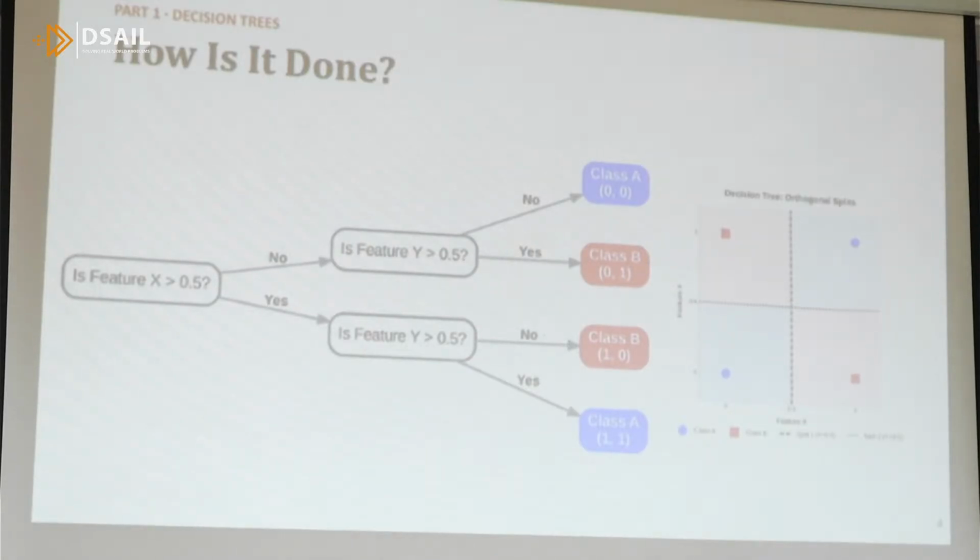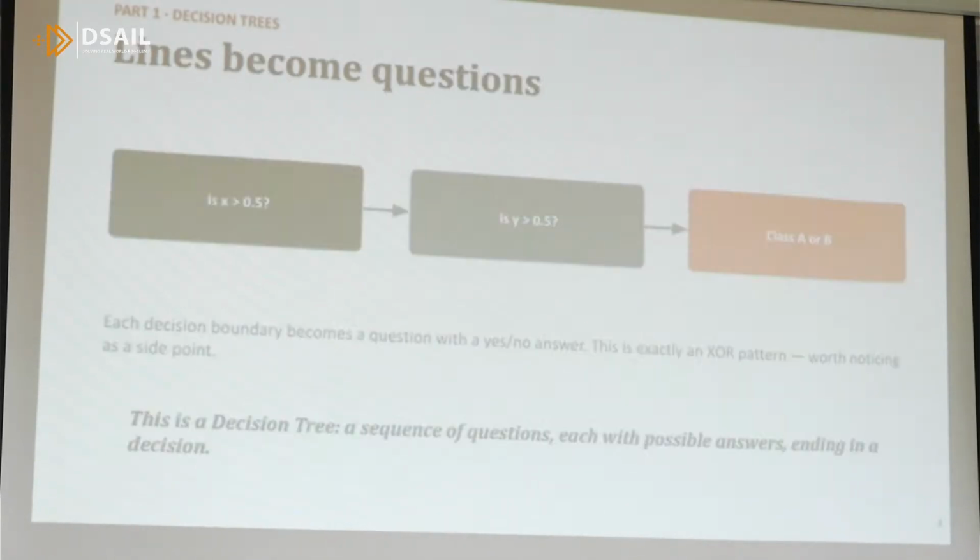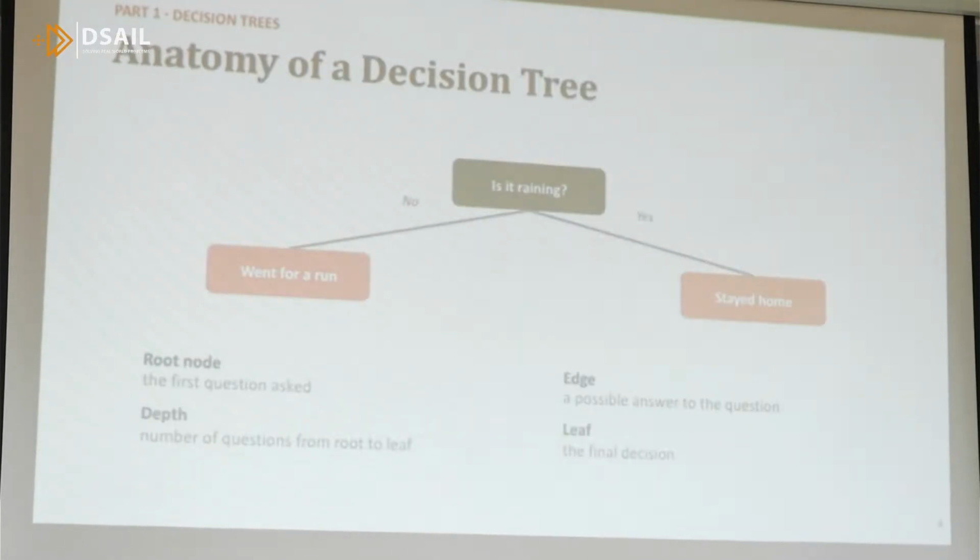We have 3 nodes, but how many questions have we taken? How many steps? 2 questions. You get the point? So the depth of a tree is based on the steps we make. It's like we are at point 0, we get to point 1, and then we get to point 2. So it's a number of steps that we've taken. It's not just the stops, right? So that's the depth of the tree. So the answer is 2, because it's a number of steps that we get there.